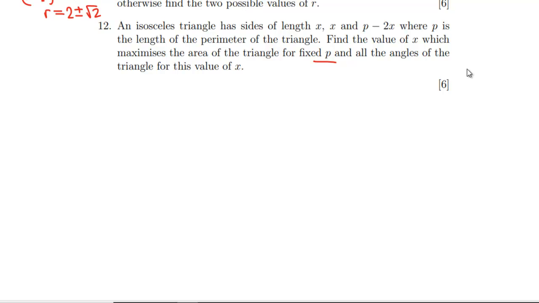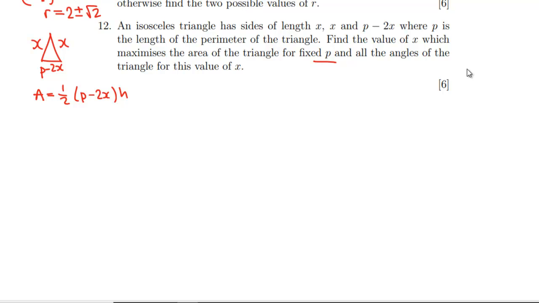So the area of the triangle, they're saying we've got something that looks a bit like that, with base p minus 2x, although that p minus 2x might be longer than x. There's always that possibility, but that doesn't really matter in our picture. So the area is going to be a half of (p minus 2x) multiplied by the height, half base times height.